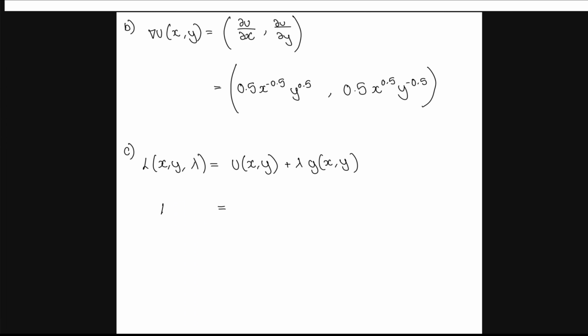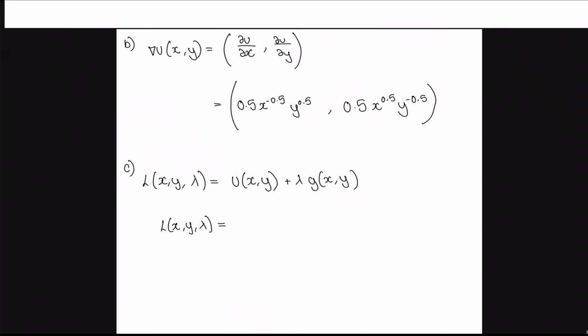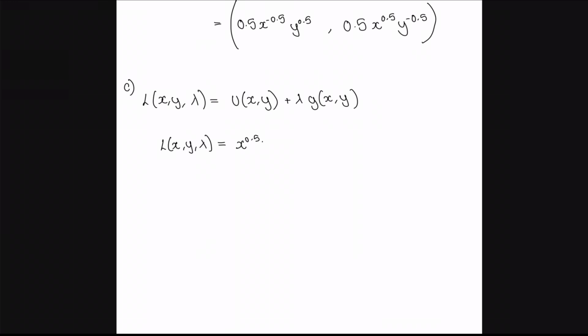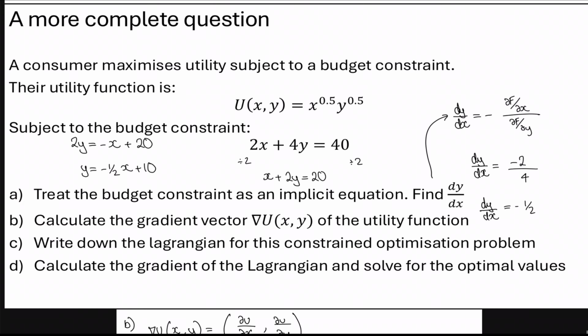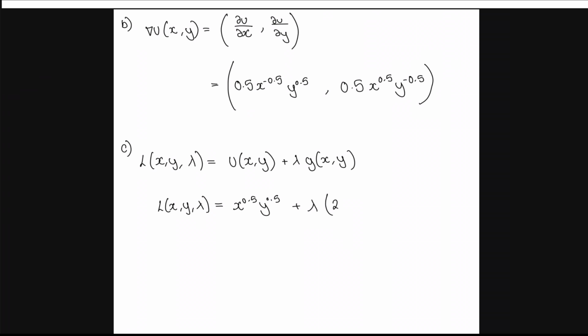If we now substitute everything in, the function that we want to maximize is x to the power of 0.5 and then y to the power of 0.5, plus lambda times our budget constraint, which is 2x plus 4y minus 40.